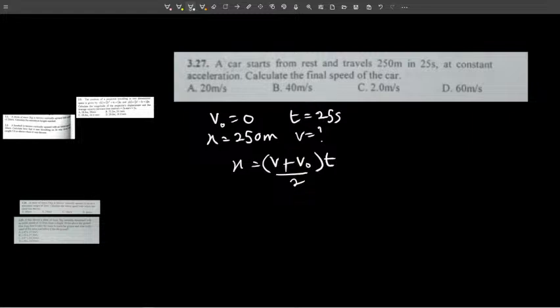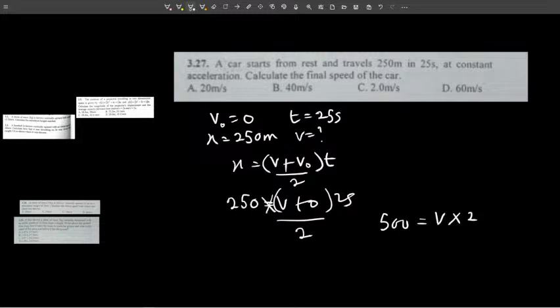So that's 250 is equal to 0 plus v over, anyhow, I think I swapped the values. Let me arrange it properly. So v plus 0 times 25 over 2. If I multiply from here, I'll have 500 is equal to v times 25.